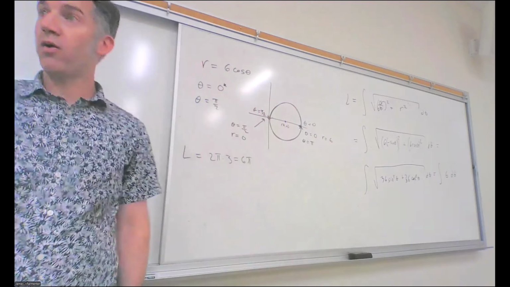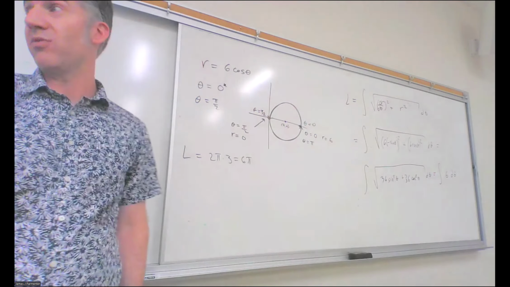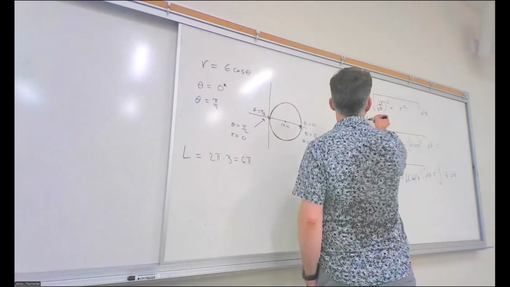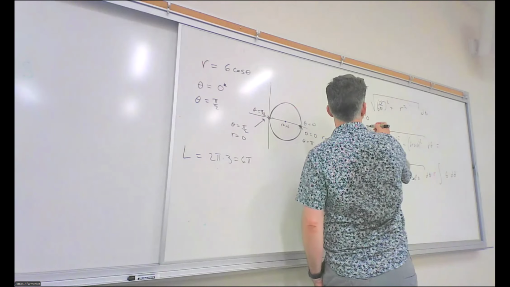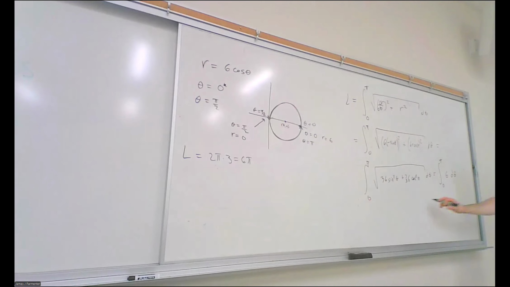So the full arc length of this shape, the full circumference of the circle, is gotten by integrating from 0 to pi. Then we integrate and we get 6 theta from 0 to pi, which is just 6 pi minus 0. So it's kind of neat that for a shape where we actually know the arc length, the formula does give us the arc length that we think we should get.